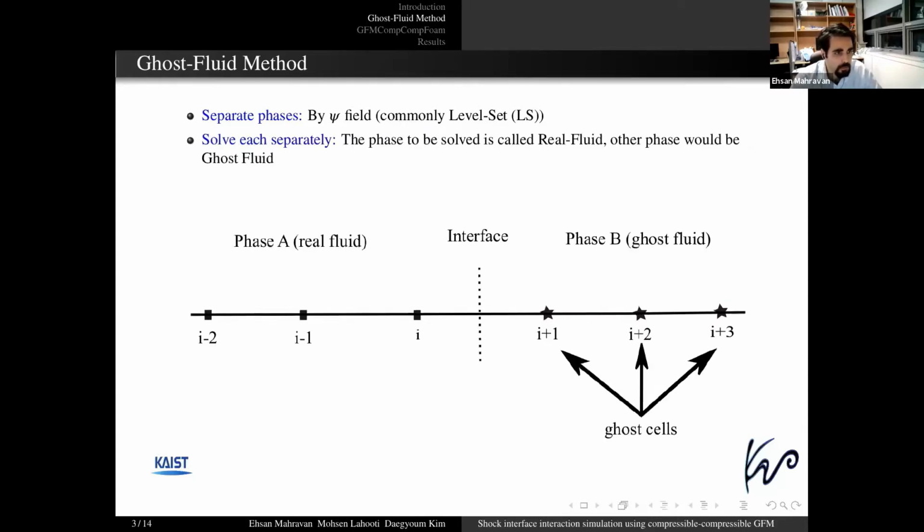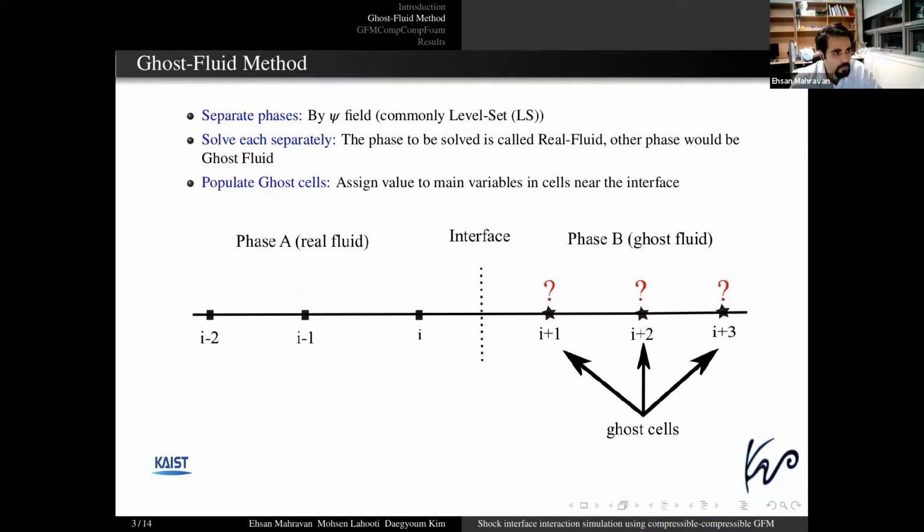At this time, phase A is called the real fluid, and phase B is called the ghost fluid, and its cells are called ghost cells. So when solving phase A, we need values from phase B, and we should populate the values on cells from phase B, and here is the difference between the methods in ghost fluid.